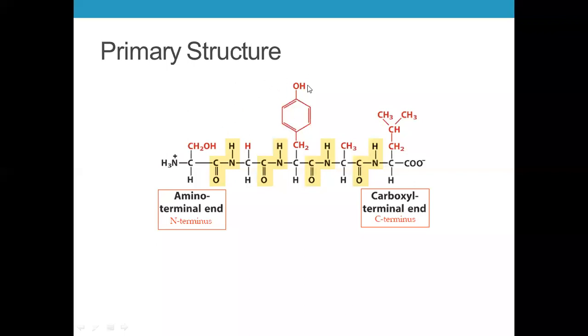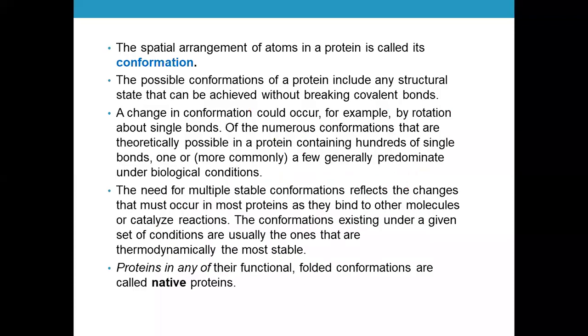Secondly, we have the side chains here. If they are polar, they can actually also assume weak forces of interaction, such as hydrogen bonding. So there you can have what you call the conformation of the atoms in the protein. So there are changes that would occur.